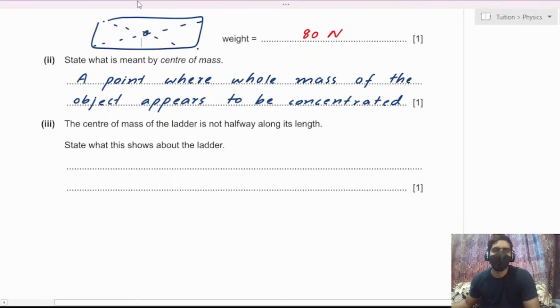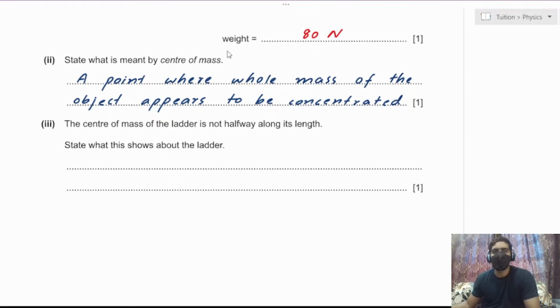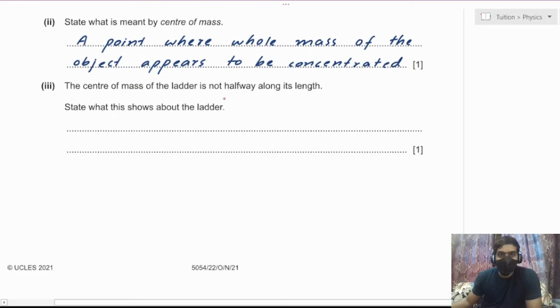Right at the middle, provided that the object is uniform. Uniform means the mass is distributed evenly across the length and across the width. The center of mass of the ladder is not halfway along its length. So just the same thing that I was saying. State what this shows about the ladder.